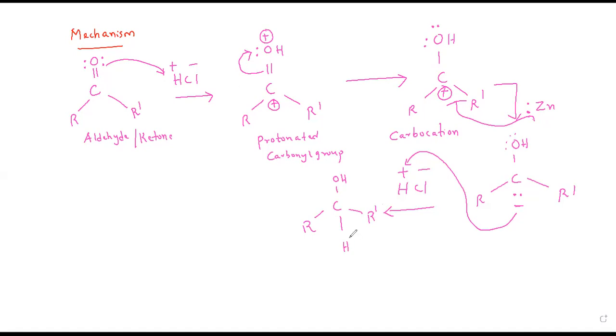How is it formed? Whenever you use hydrochloric acid, it will undergo dissociation to form H plus and Cl minus. This H plus will be abstracted by this carbon by donating its electrons. Therefore, carbon will form a new sigma bond with hydrogen.